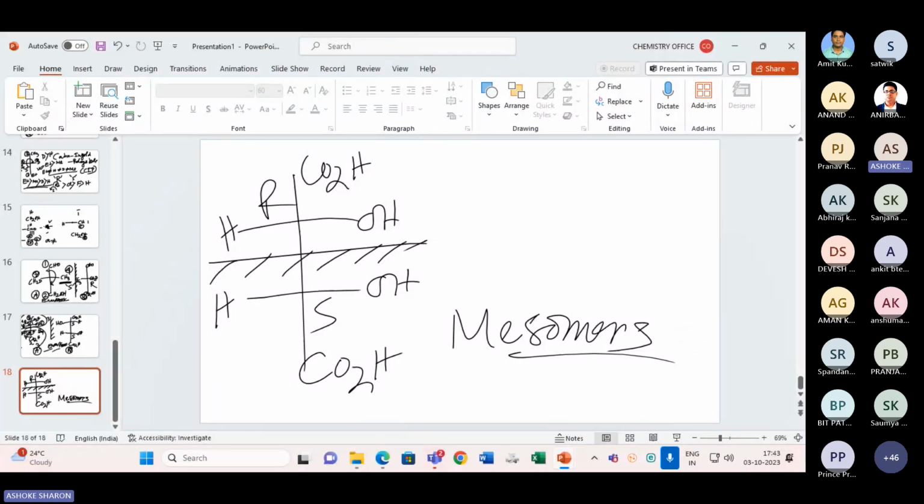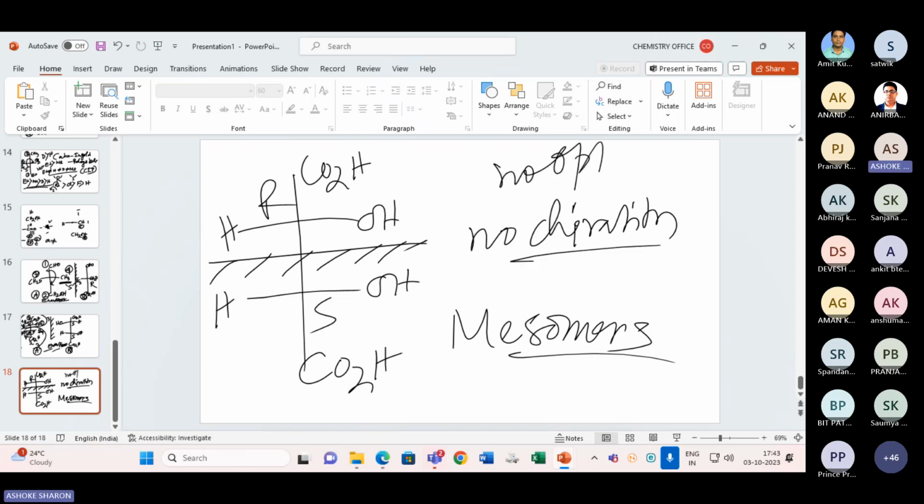As a result, the overall molecule has no chirality. There is no optical rotation for this molecule. Clear? So as a result, this molecule is called the meso compound.